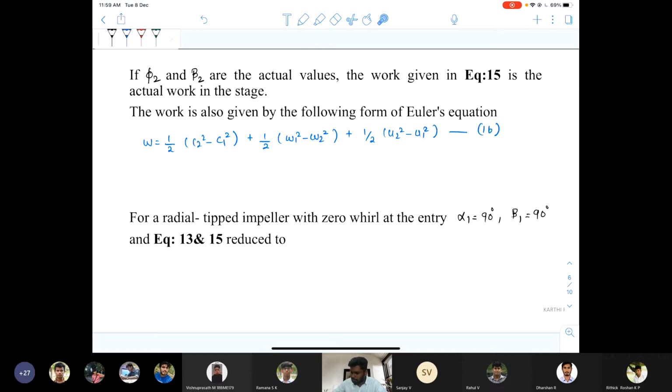Now, if we consider beta 2 is equal to 90 degree, then the value of cot beta 2 will be equal to 0, since cot 90 degree is equal to 0.